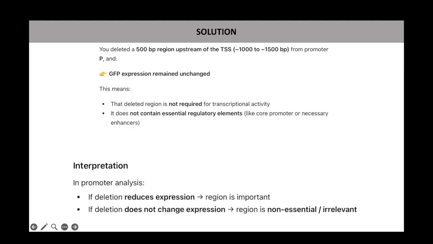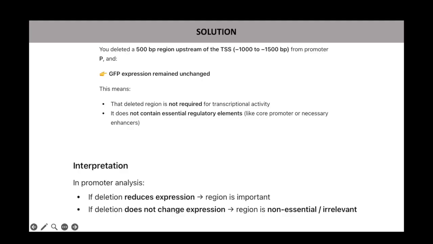So the question says that in a construct A, GFP was under promoter P. So let's say this is promoter P, and then the gene under its control will be GFP. This is one construct, and in another construct, another GFP construct was generated using the deleted promoter region of 500 base pair starting from the transcription start site.